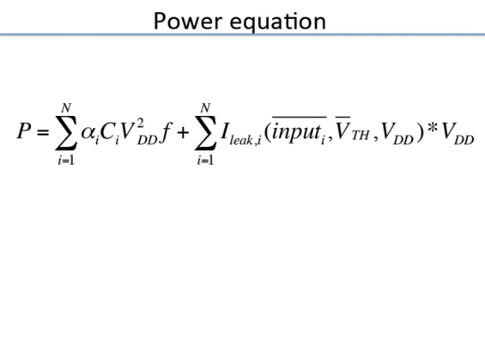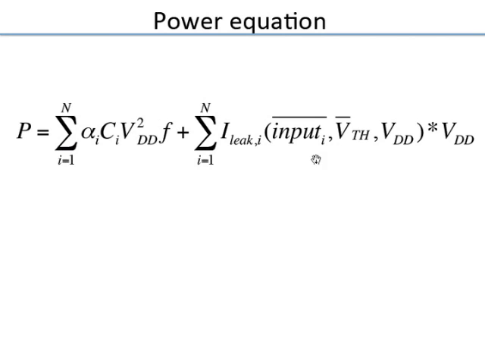As soon as you connect it to the power supply, you have leakage current, so there is a leakage current for every gate times the power supply voltage. That is the leakage power consumption. In the last class, we looked at ways by which you can reduce both of these terms: look at switching activity, look at sizing to reduce capacitance, look at how you can reduce leakage by using multiple thresholds, do power gating, look at input vectors, and so on.